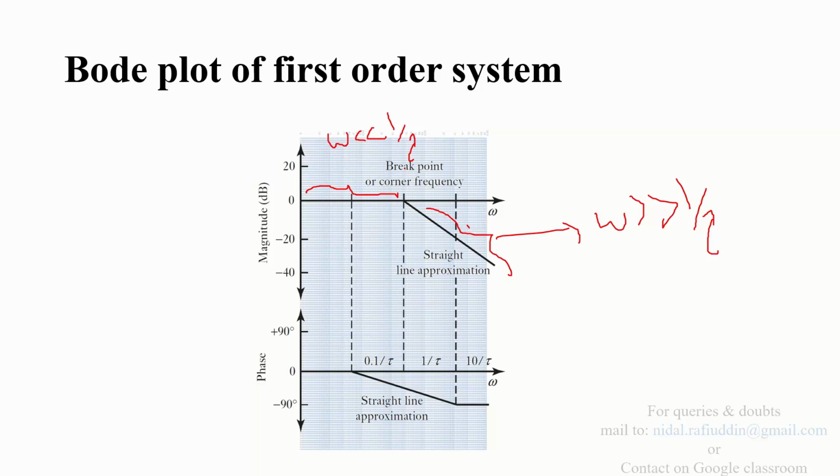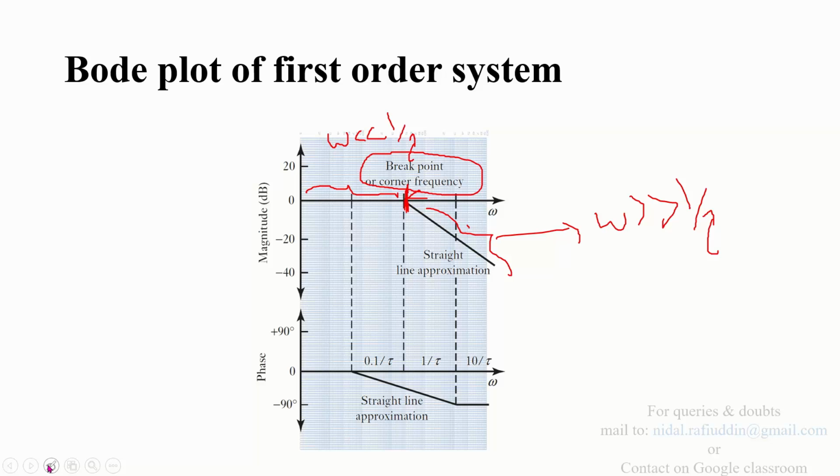And one thing, the corner frequencies, okay. The breakpoint or corner frequency is the point or the frequency at which the curve takes the turn. So this is the point where we see that the curve is going to take the turn. So the slope of the line was 0 dB per decade here. And after this particular frequency, you have slope minus 20 dB per decade.